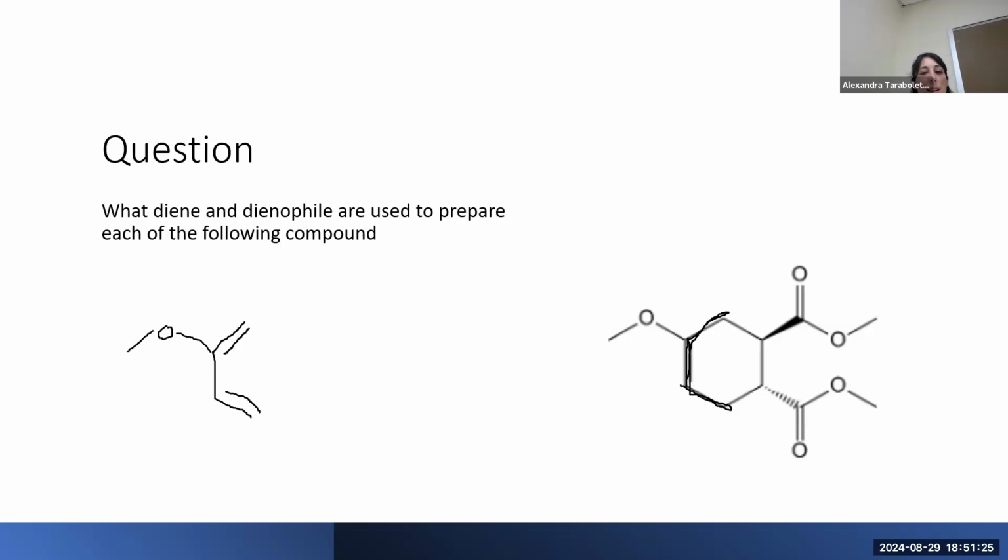And then our dienophile, right, is right here. Now, there is something here. There's some stereochemistry being drawn here. The 2 side things that are attached there, what configuration are they in? Trans. So I have to also draw them trans here. So I'm going to draw one going this way and one going this way.